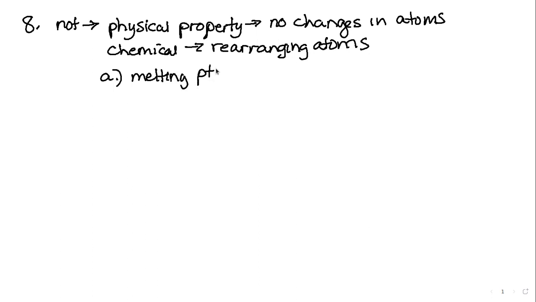Now let's think about water. If you have an ice cube, I can draw a cube, and it melts. The ice cube is H2O. And the liquid water is also H2O. There's no change in the atoms. They're still H2O. So this is a physical property.